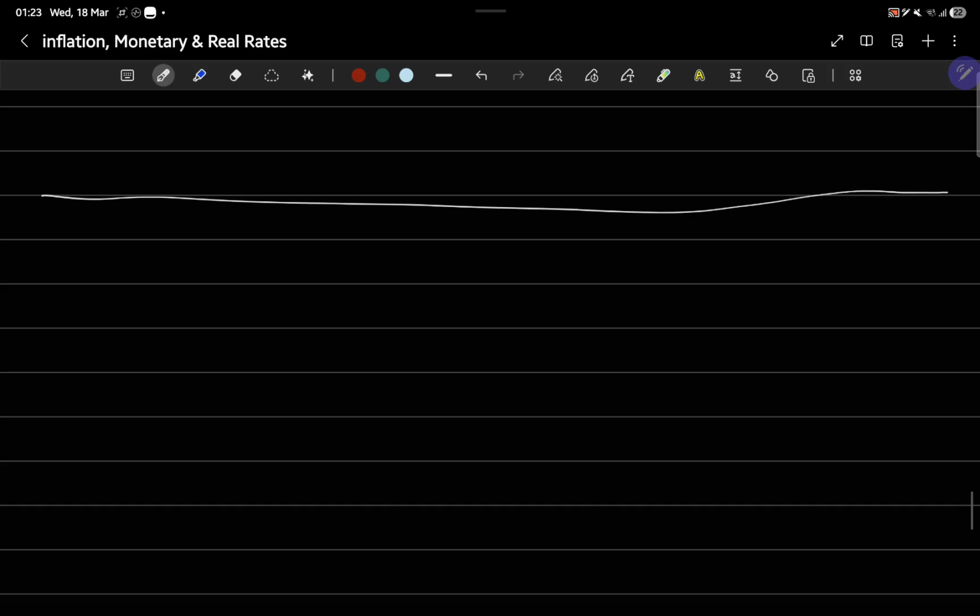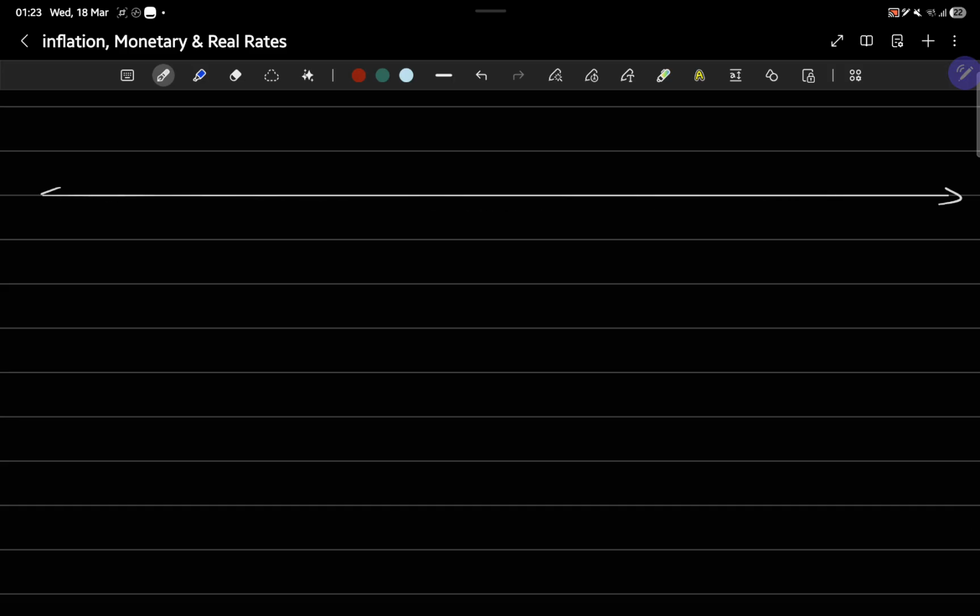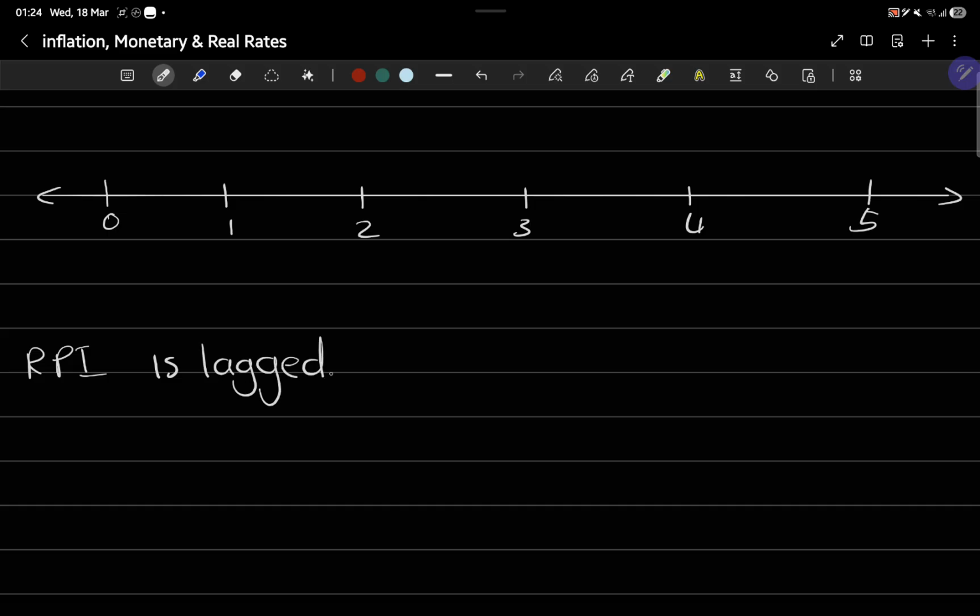But because this is AXA and this is FinMath and life is never supposed to be easy for you, there will be a bit of complications along the way. They'll tell you that the retail price index or CPI is lagged by 1 period.